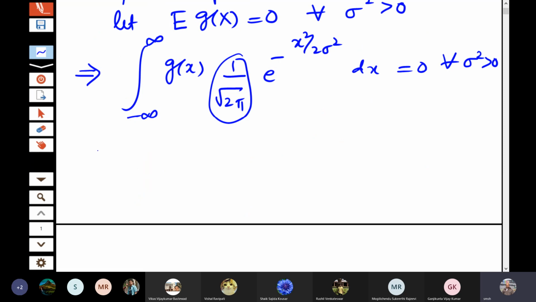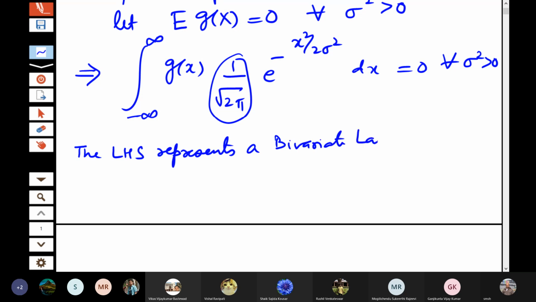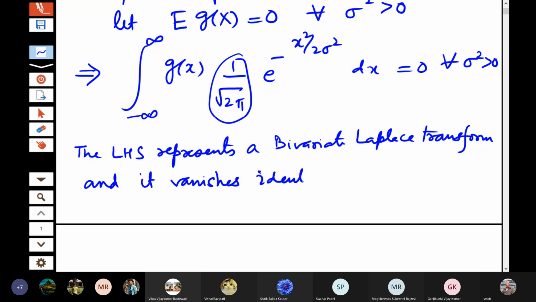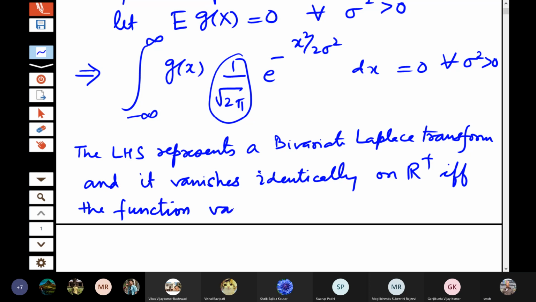So the function g(x) is equal to 0 for all x.